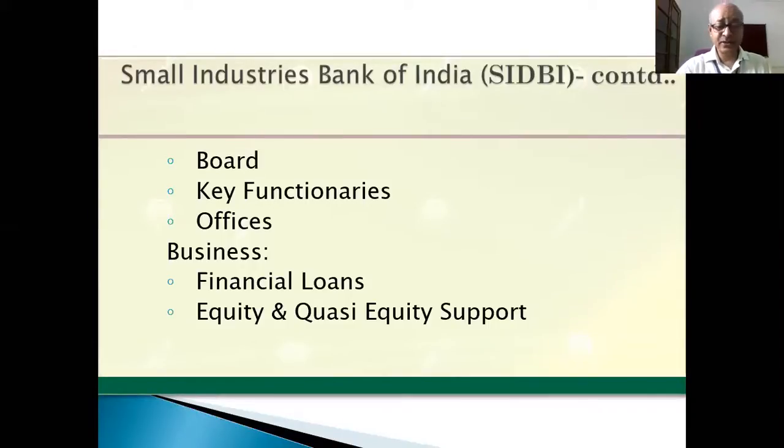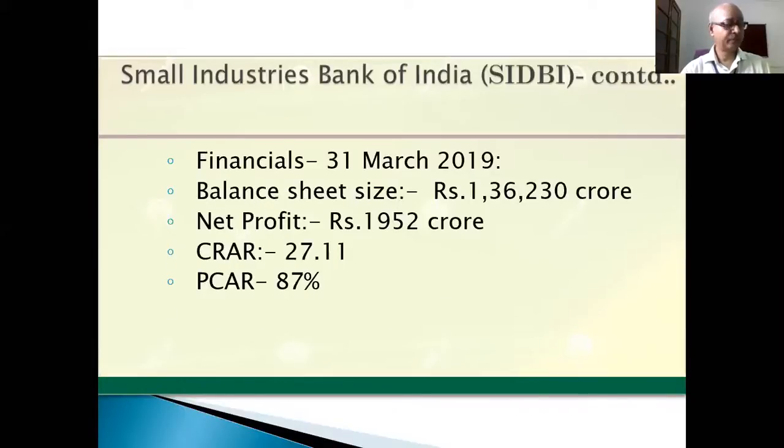Its balance sheet size, as on 31st March 2020, I've not been able to access. So what I'm giving here is the financials as on 31st March 2019, last year. The balance sheet size you can see is 1,36,230 crores, and it made a net profit last year of 1,952 crores.